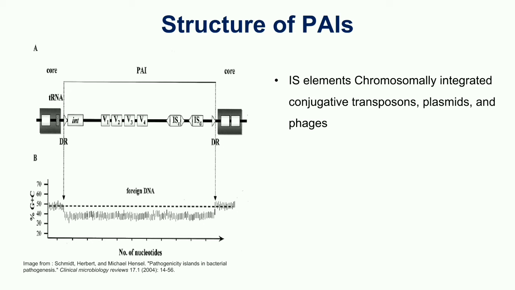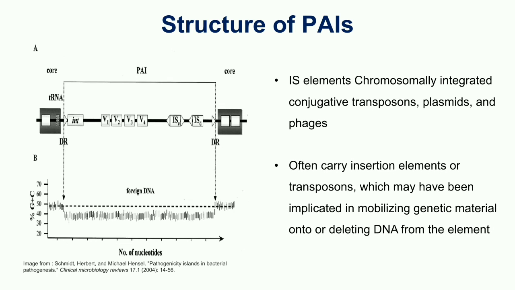These insertional elements are chromosomally integrated conjugative transposon plasmids or phages. These insertional elements will help in mobilizing the genetic material or deleting the DNA from the core genome.